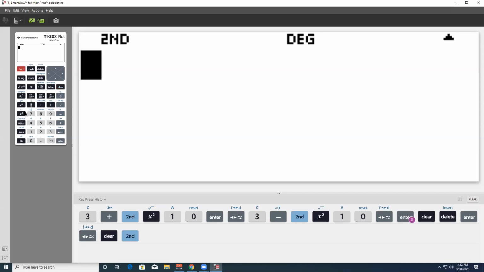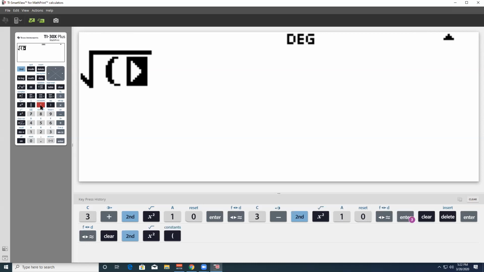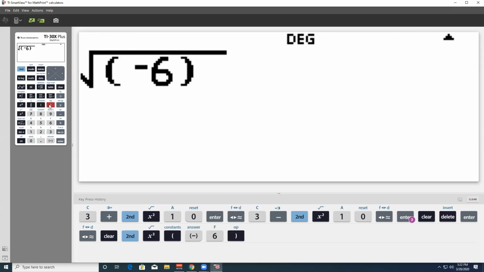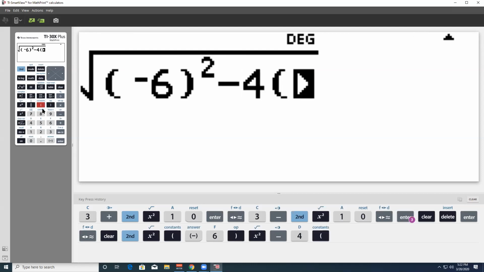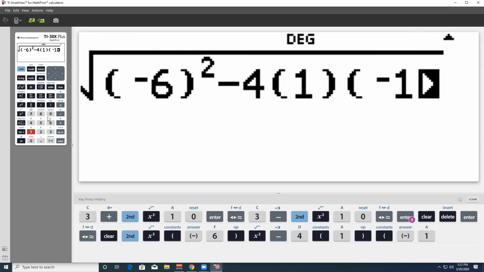I'm going to do second, square root, parentheses, negative 6 squared minus 4 times 1 times negative 1. The way I write it on my paper is the same way you type it in your calculator. Look how good that is, right?